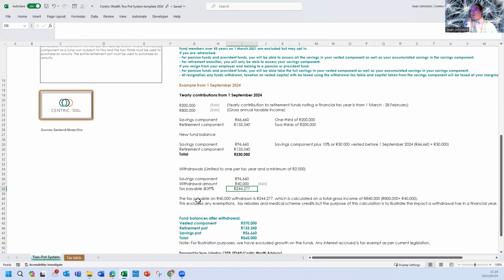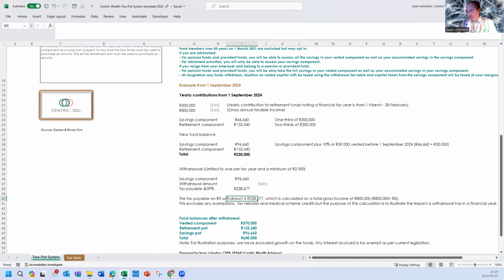So the tax payable on 40,000 withdrawn is 244,277. And to be honest, if you took the 228,677 and you did the calculation for the tax, I'm going to just do it for you. Sorry, I should maybe have made this an extra line entry.